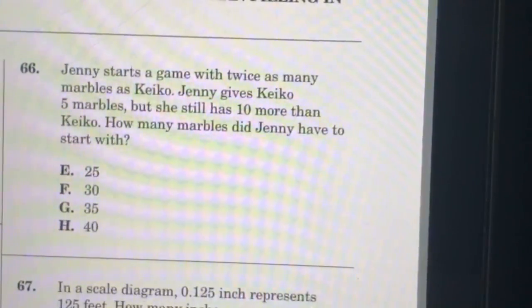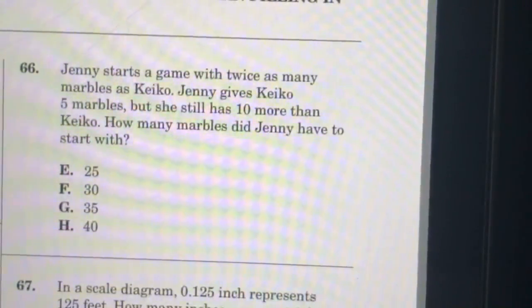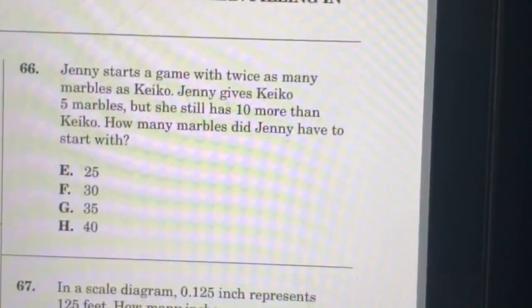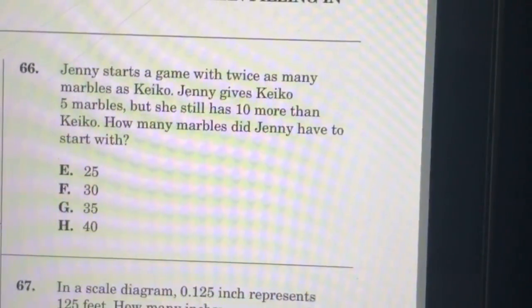Great. Yep, you both got 40. All right, so we got 40 and 30 floating around here.